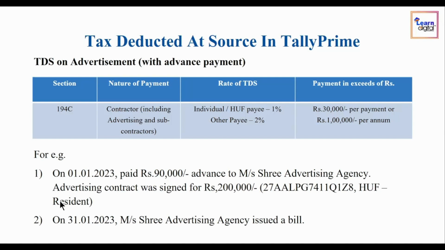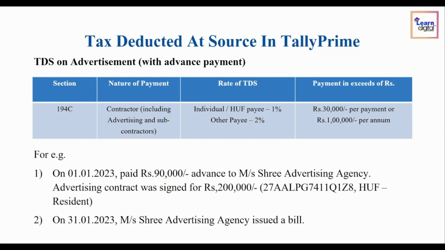And the second transaction is on 31st of Jan, Messrs. Shri Advertising Agency issued a bill. The bill is of 2 lakh rupees, which was issued on 31st of Jan. See, in the previous session, we have learned the time of TDS to be deducted.